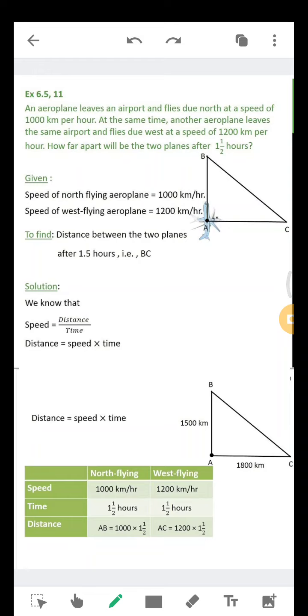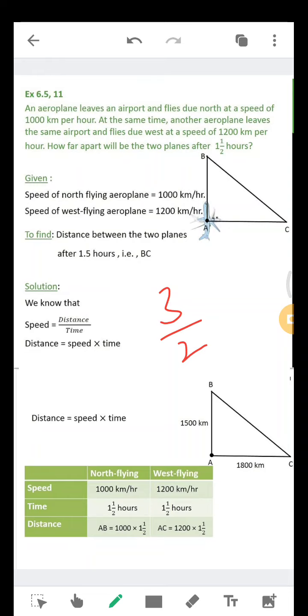Now I'll make a table. The speed of the north flying aeroplane is 1000 km per hour and it is traveling for 1.5 hours. The west flying aeroplane's speed is 1200 km per hour and it is also flying for 1.5 hours. To find the distance, I'll multiply speed into time. 1.5 is nothing but 3 by 2; you can convert the mixed fraction into an improper fraction.